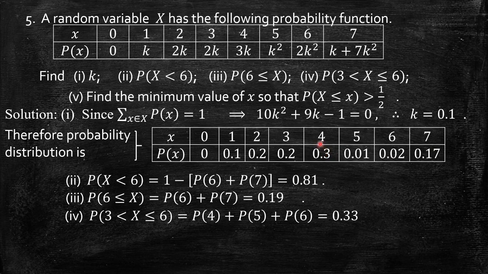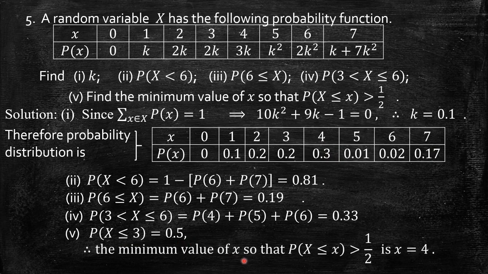That means the minimum value of x must be equal to 4. So I can say the probability of x less than or equal to 3 is 0.5. So the minimum value of x such that the probability of X less than or equal to x exceeds half is x equal to 4. For 4, 5, 6, 7, of course, the probability is greater than half, but I want the minimum value of x. So that is x equal to 4.